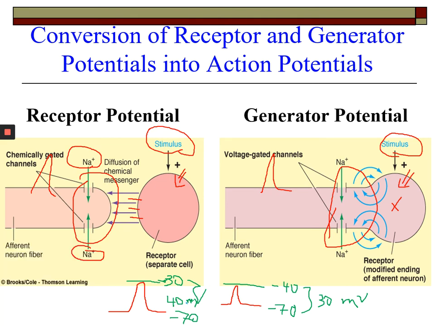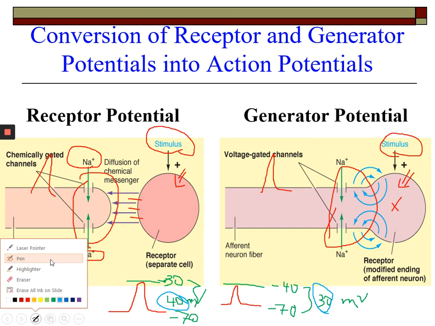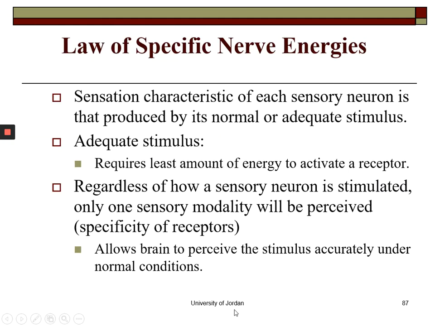If the amplitude is 40 millivolt, it is a stronger stimulus than when the amplitude is 30 millivolt. So this is what we mean by the amplitude. The higher the amplitude, the stronger the stimulus is. Okay. We will see that in the game.